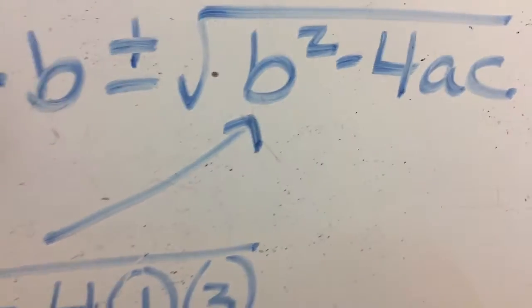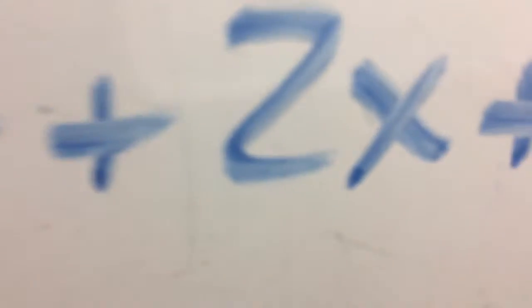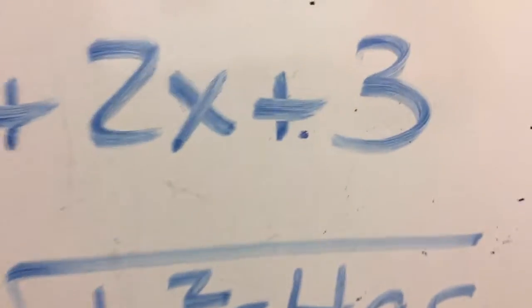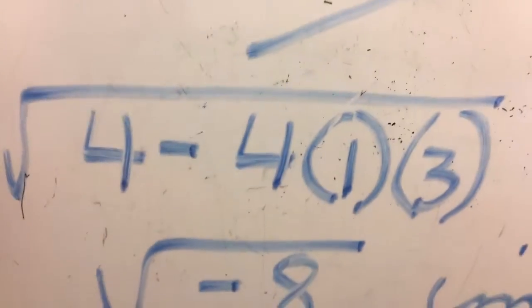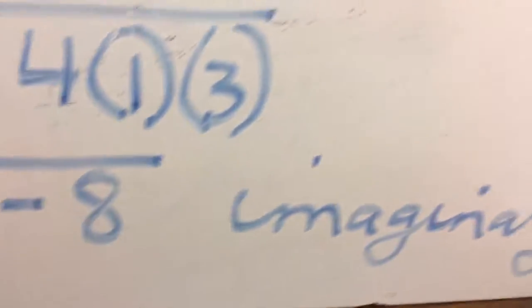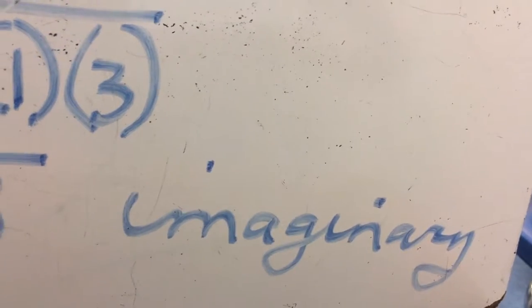So when I plugged in, remember 2 is my b, a is 1, and c is 3. When I plug that in right there, I get the square root of -8, which is an imaginary number. That means that there is no crossing point to the x-axis.